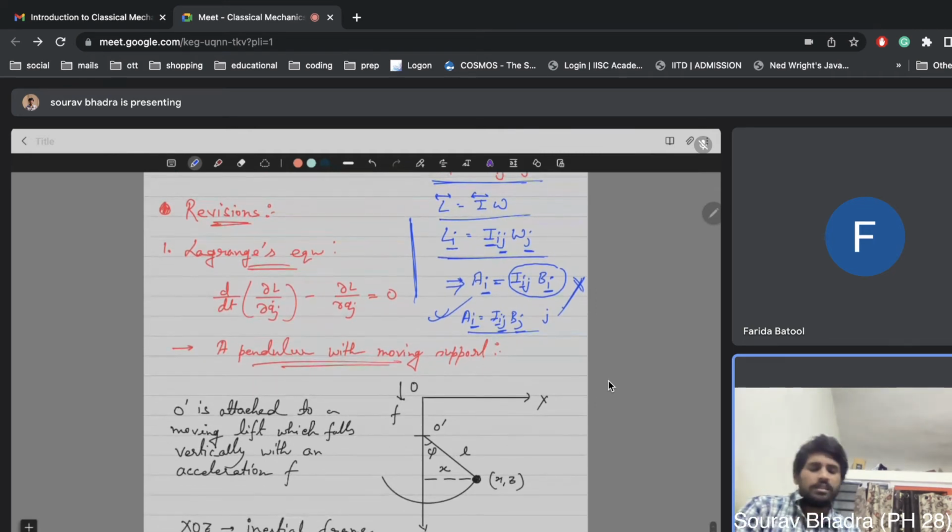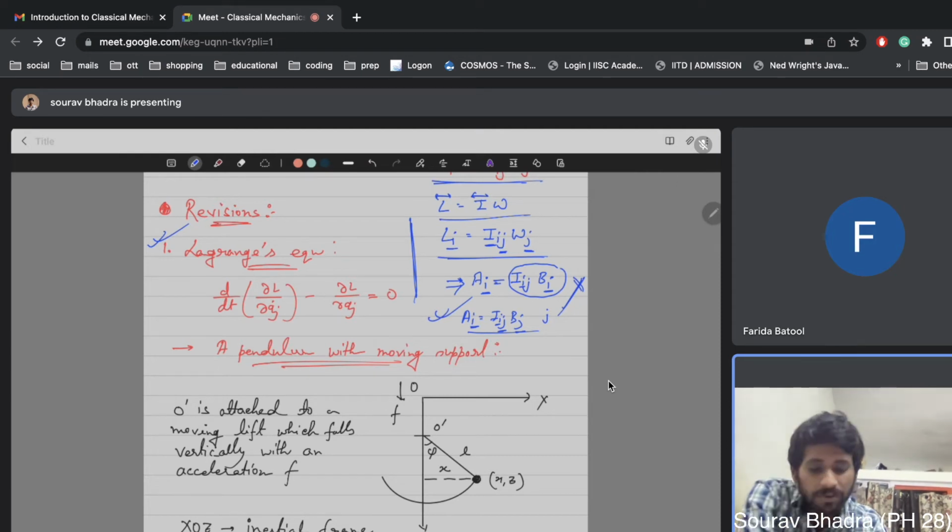I have taken 3 problems today, and in the next class I will also try to do some old problems. First we will see an application of Lagrange's equation. I have done many applications of Lagrange's equation, so you may find it not important, but I am doing this just to brush up your memory.